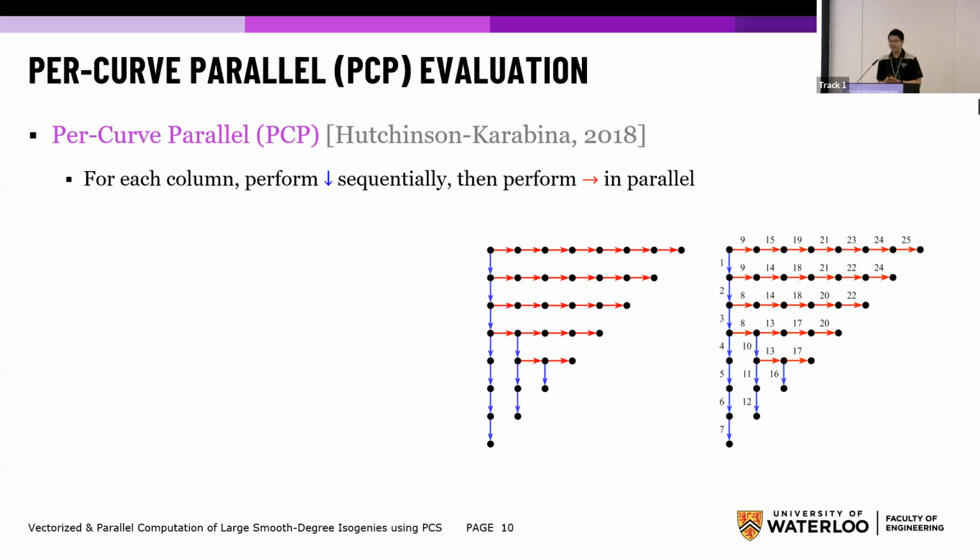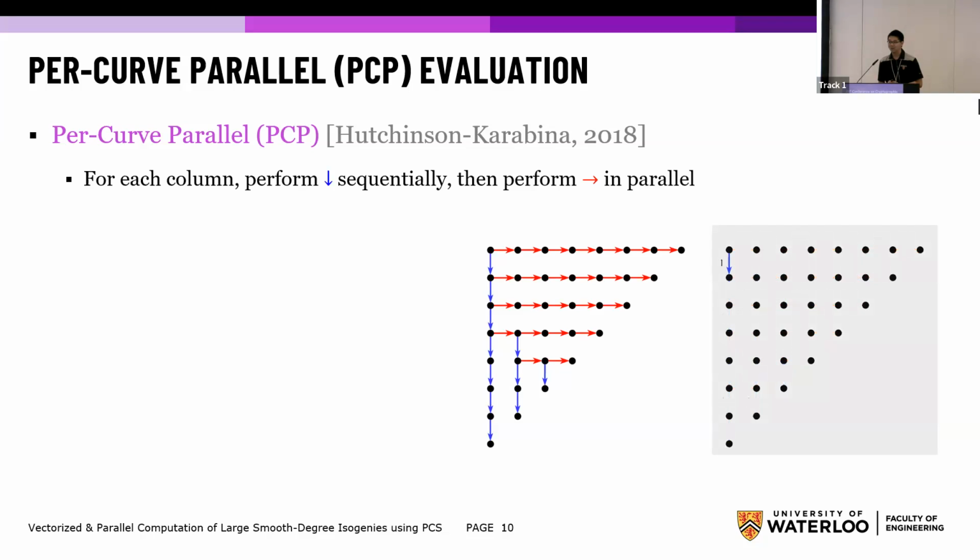In the literature, the first evaluation technique proposed was in 2018 by Hutchinson and Karabina. It is called per curve parallel, or PCP. The rule of PCP says that for each column from left to right, we perform the down arrow scalar multiplications sequentially, and then perform the right arrow isogeny maps in parallel.